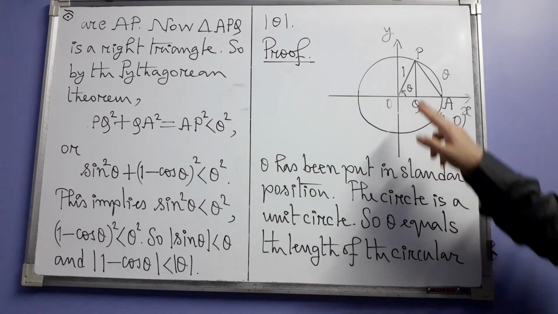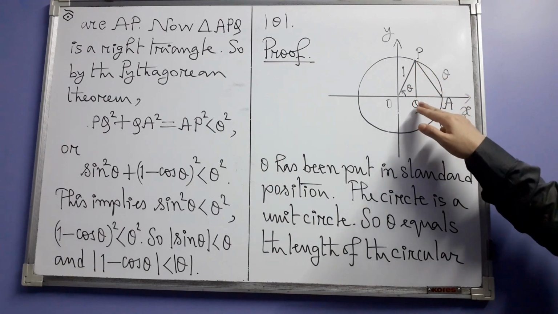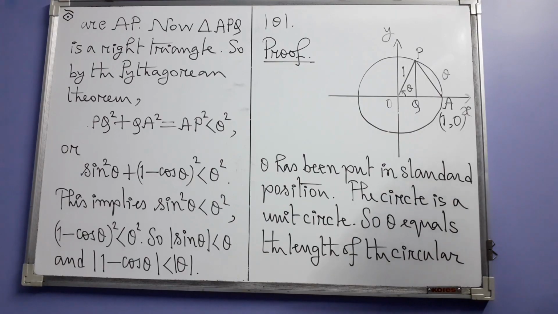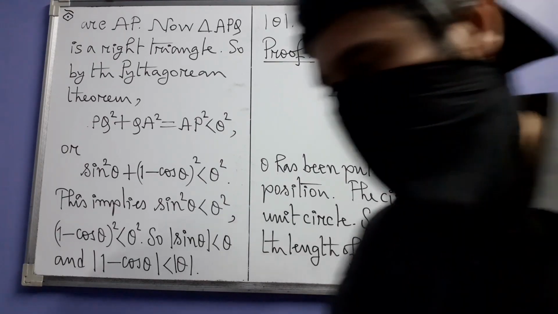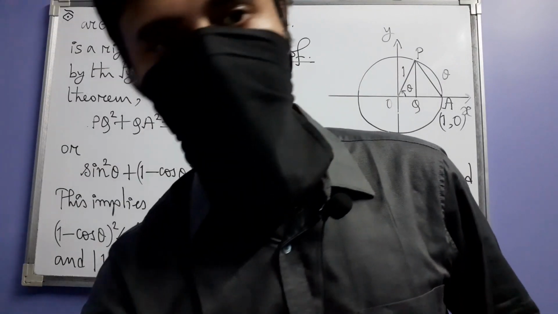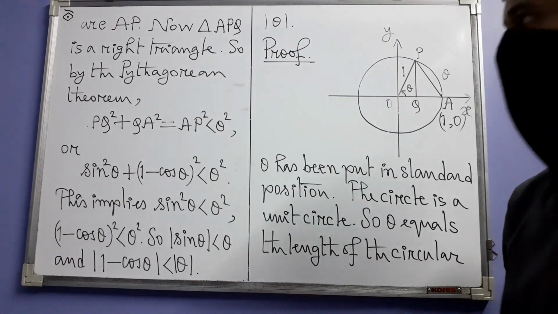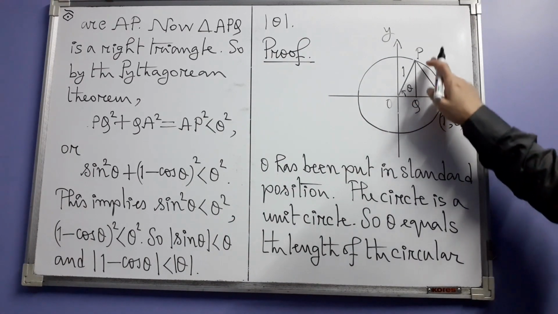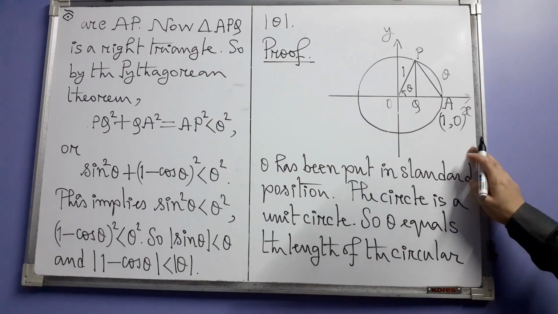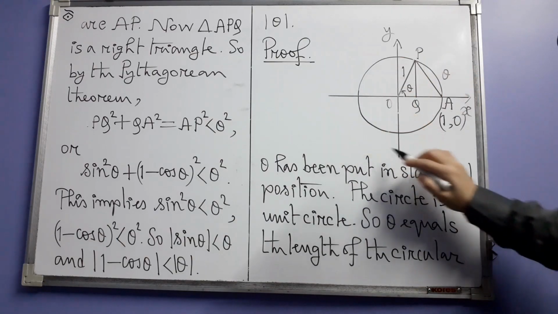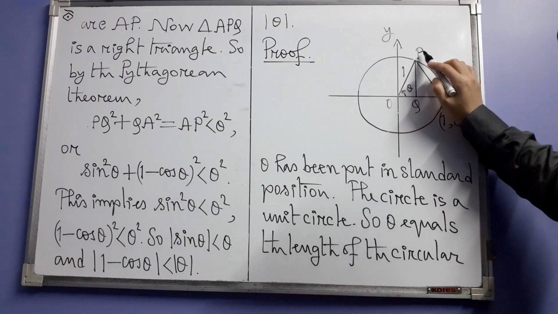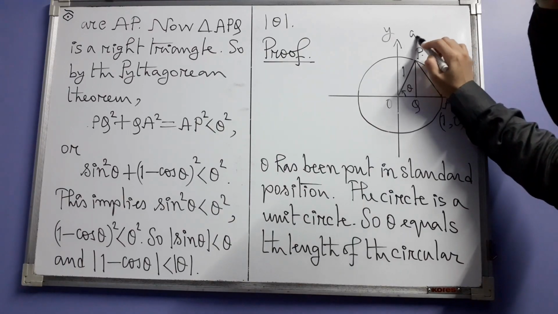Alright. Now, what are the lengths PQ and QA? Well, if you go back to the definitions of the trigonometric functions sine and cos, this angle theta has been put in the standard position, and this is the unit circle. So what should the coordinates of P be?